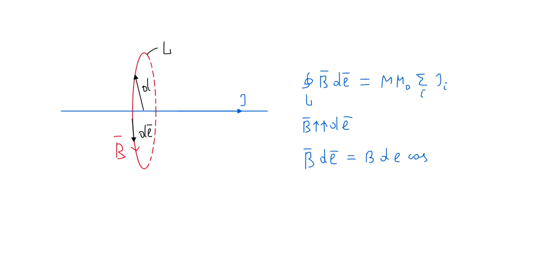What angle will be between vectors b and dl? What angle should we write here? How do you think?